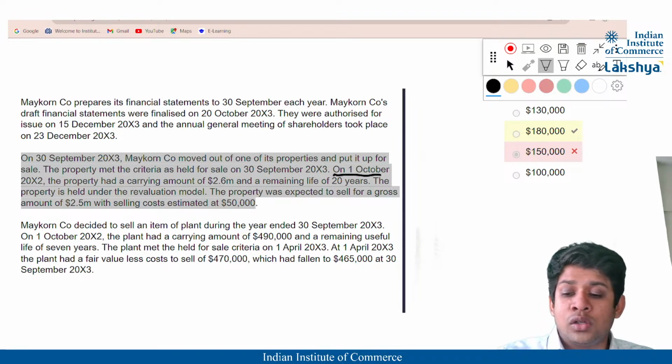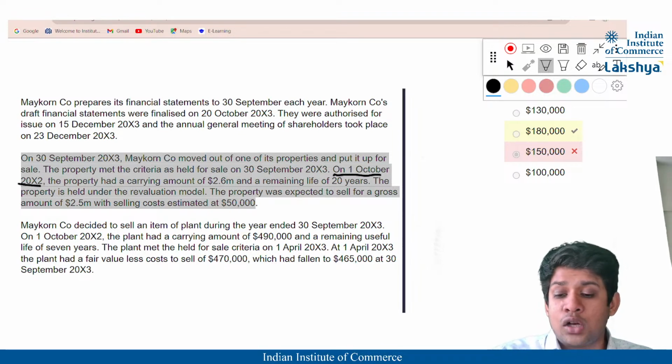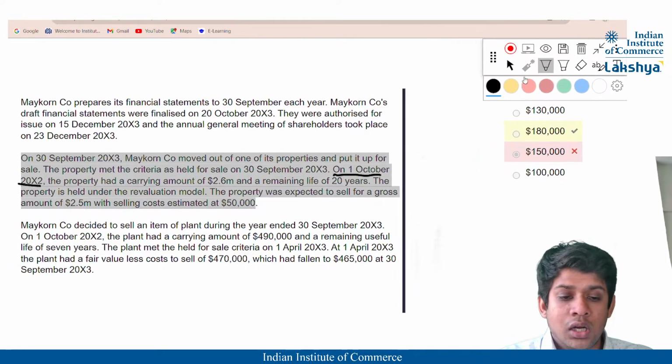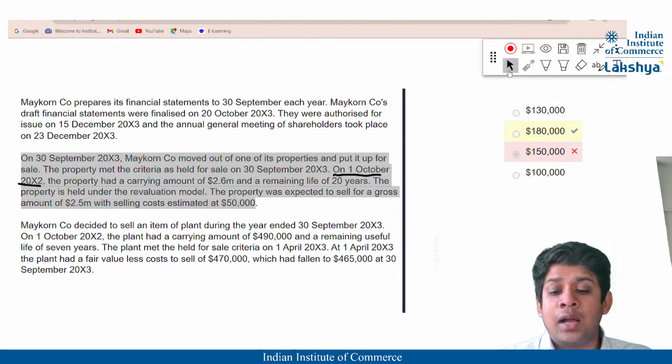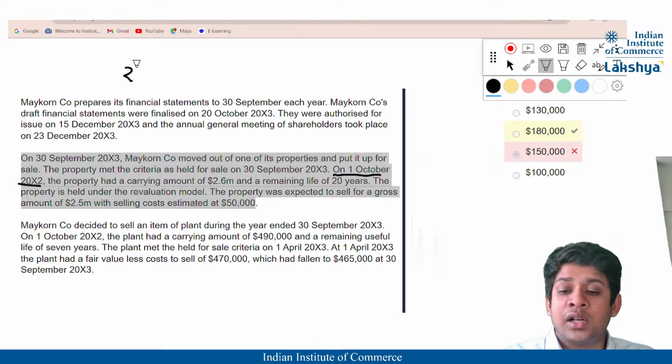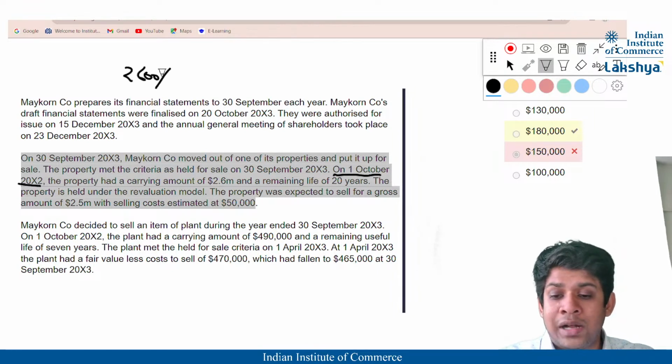On 1st October 2012, that means at the start of the year, the property had a carrying amount of $2.6 million and the remaining useful life was 20 years. So that means 2,600 was the value of the property and its useful life was 20 years.